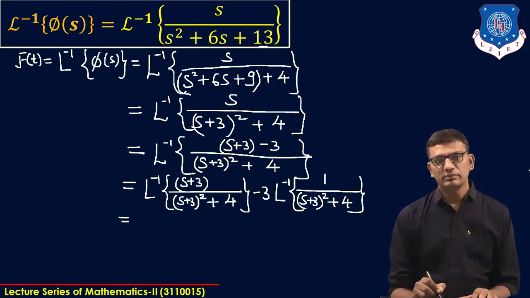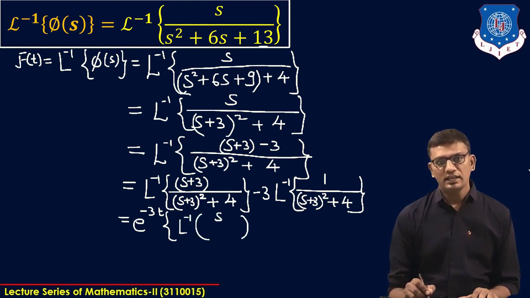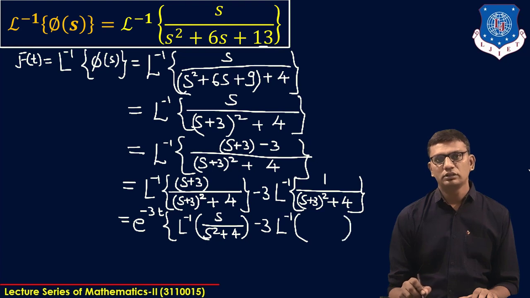Here this term can be written as e raised to minus 3t, because s is replaced by s plus 3 everywhere, times L inverse of s upon s square plus 4, which is cos 2t, minus 3 L inverse of 1 upon s square plus 4, which is sin 2t divided by 2.